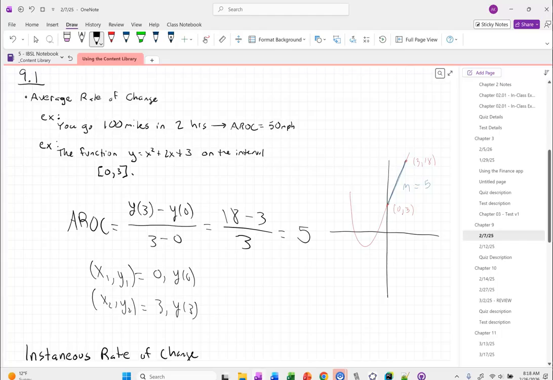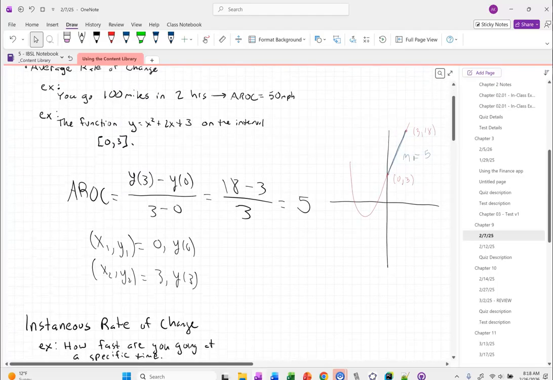Everybody's okay? So if anybody asks for average rate of change, you're going to be calculating slope: y2 minus y1 over x2 minus x1, or change in some quantity divided by change in the other quantity, right?